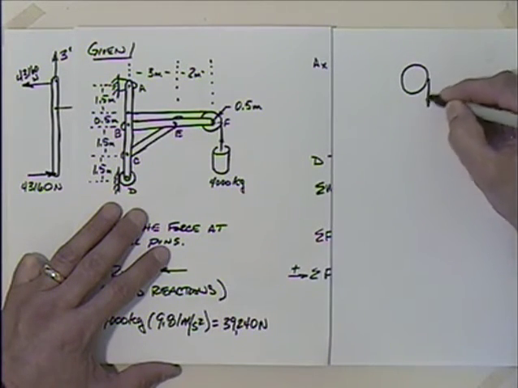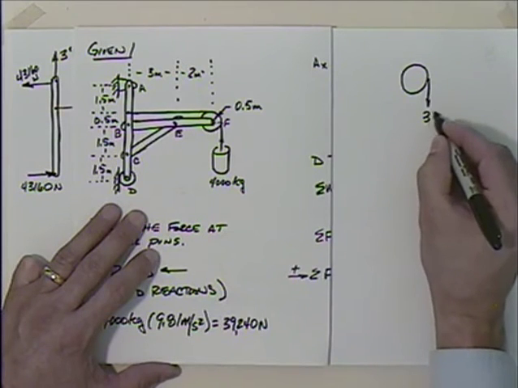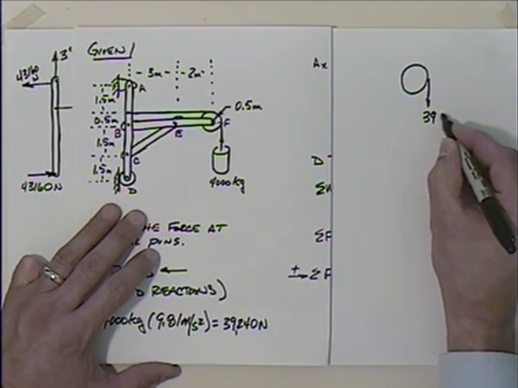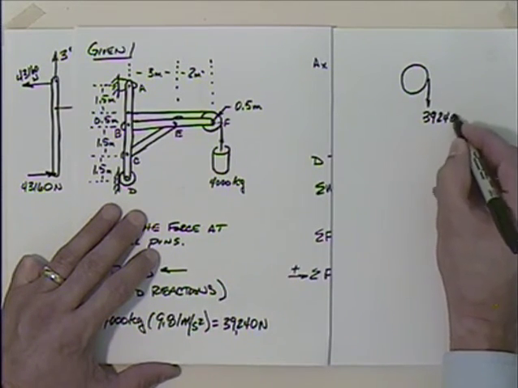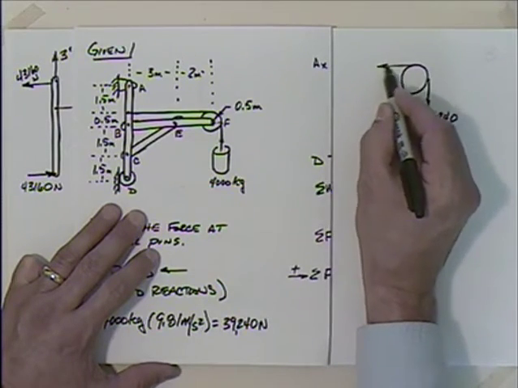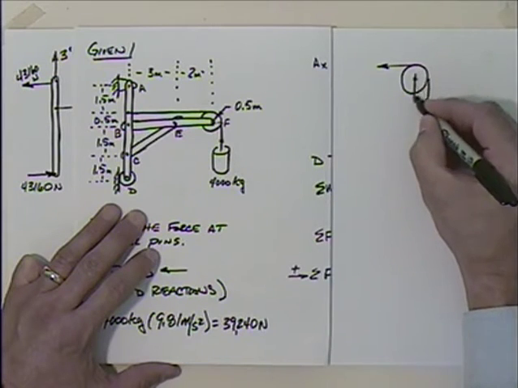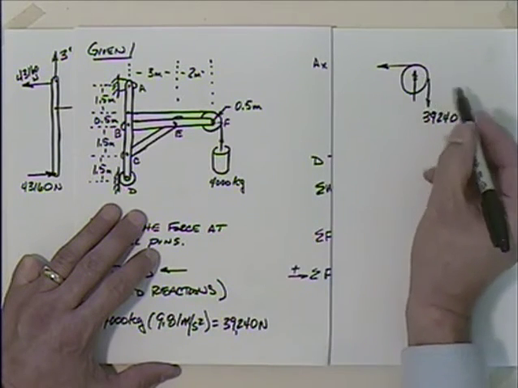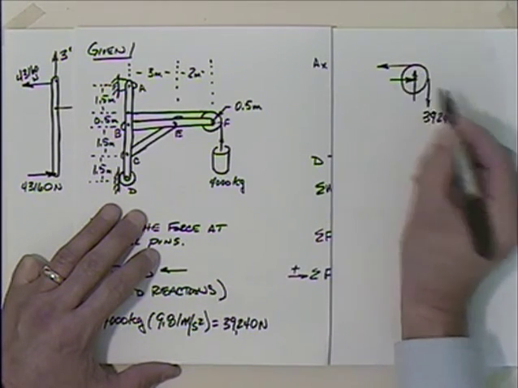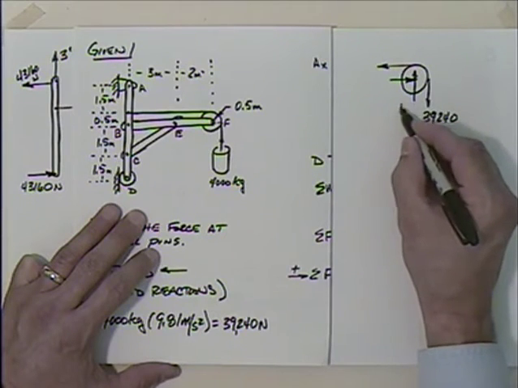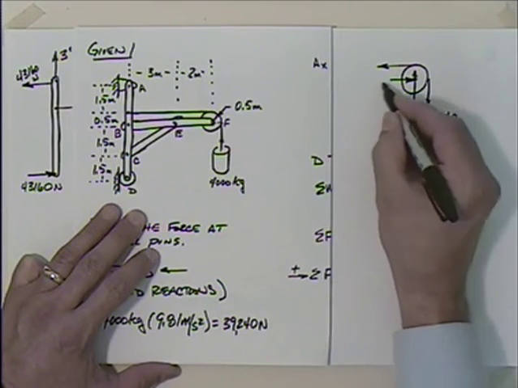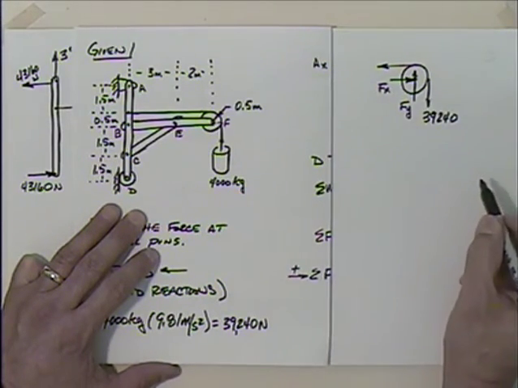Well, I have this, that's 39,240, and I have this, and then I have a pin. I've got a pin right there, so I would say that I have this force, and I have that force. I could say that this is Fy, and this is Fx.